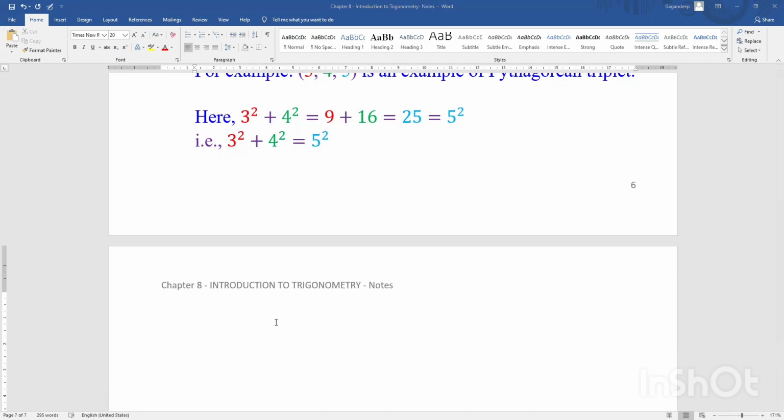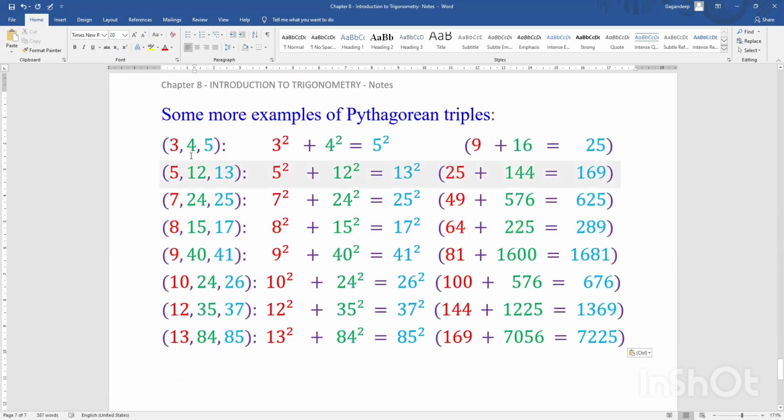Now we have some more examples I want to show you. So we have 3, 4, 5, that is 3 square plus 4 square equals 5 square. That is already said. And then we have 5, 12, 13. Even here, this is also a Pythagorean triplet because 5 square is 25 and 12 square is 144.